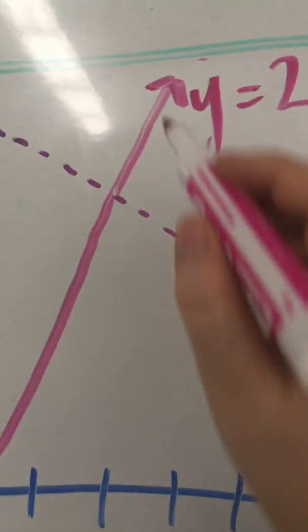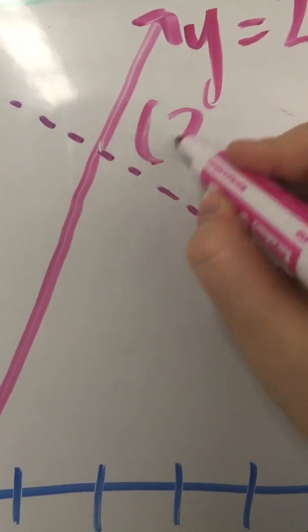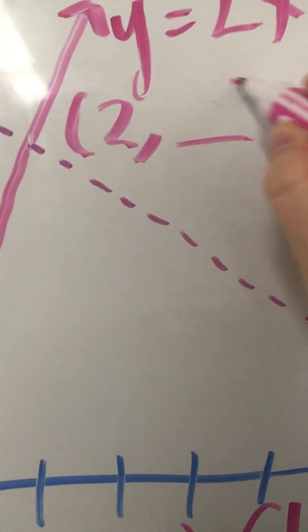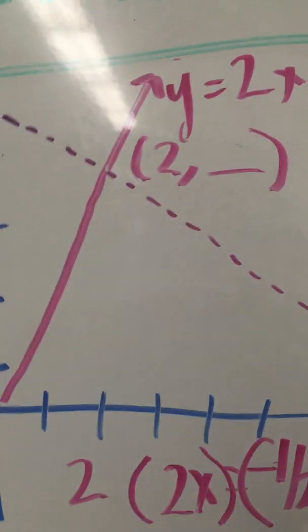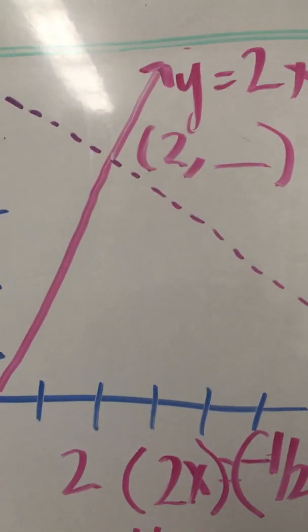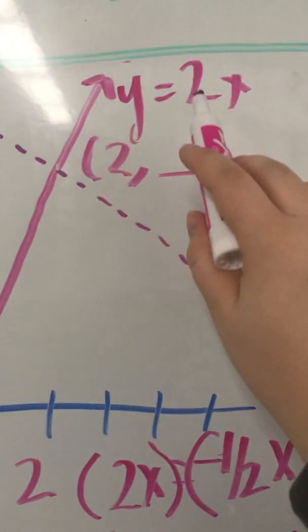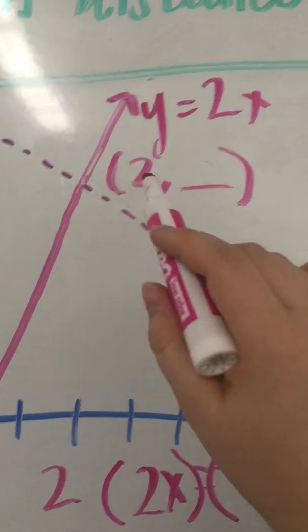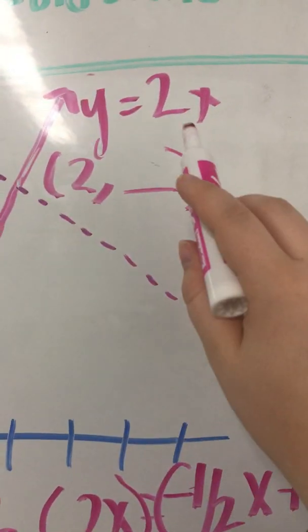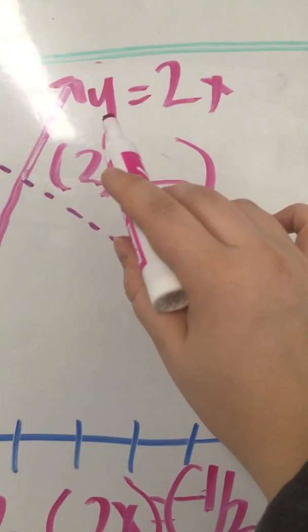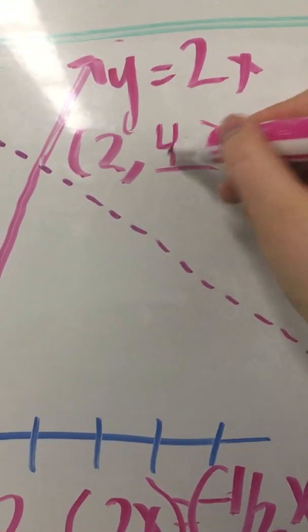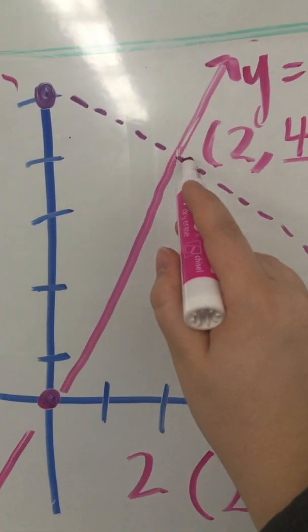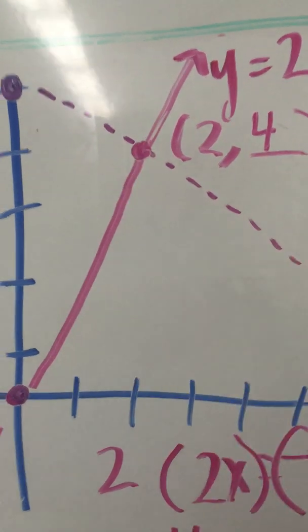And so we know that this x value will be 2, and we just have to find what y is. And this part is actually easier because we can just plug it into this equation to find what y is on this line. So 2 times 2 is our y, which is 4. So now we know that this point is (2, 4).